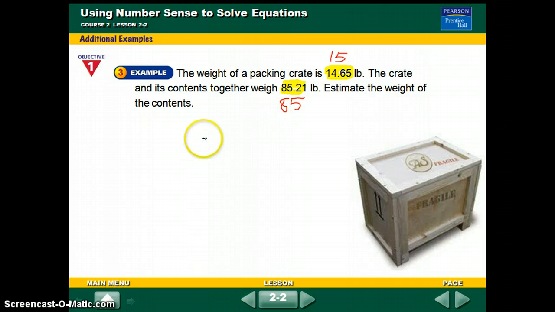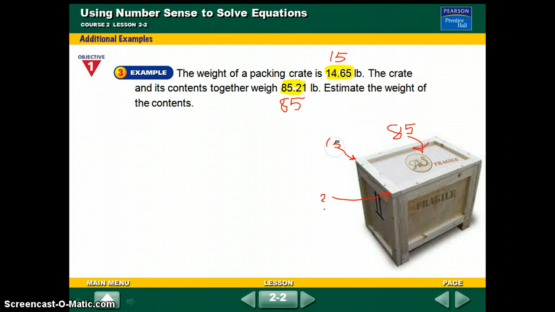Now we want to estimate the weight of the contents. So we've got to think about this. This whole thing together weighs 85. That's the whole thing, right? But the stuff that's inside, we don't know. But we do know that the crate itself weighs 15.